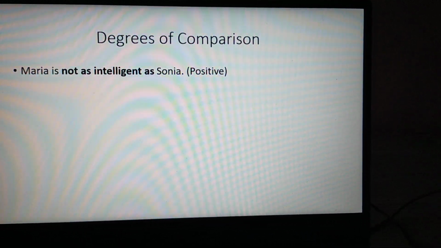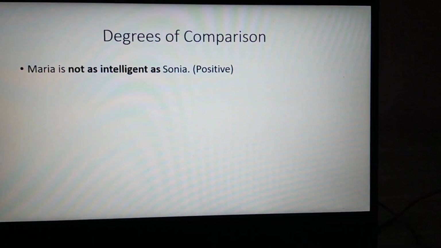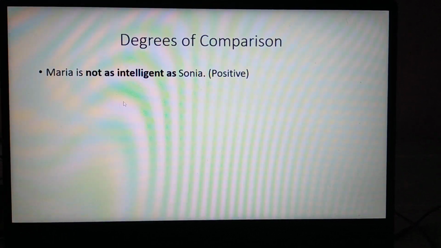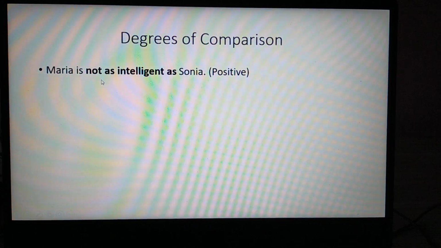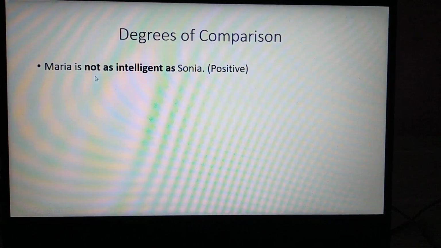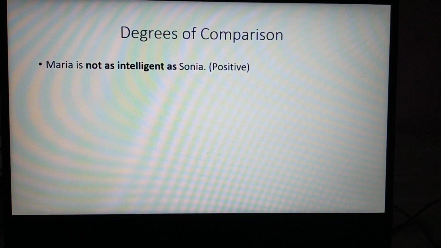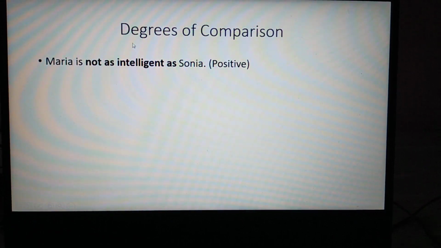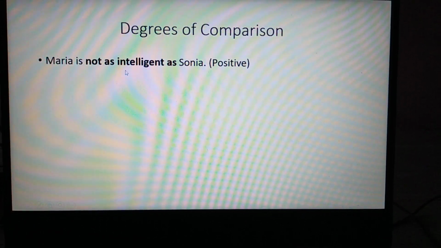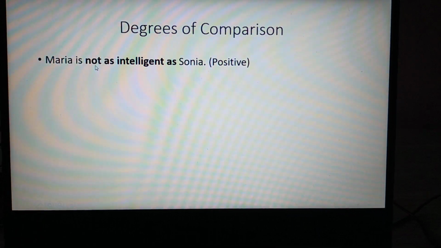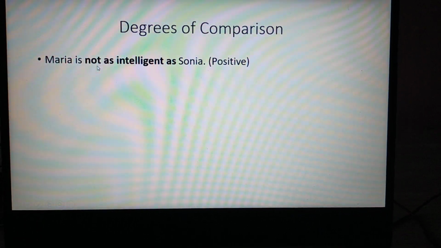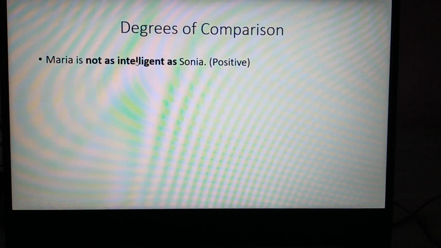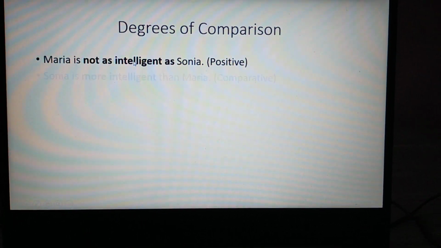Now, "Maria is not as intelligent as Sonia." Now see, this is positive degree and it is in the negative form. So first of all we have to interchange the subject and the object, that is swap the two. Second rule, we will remove the "not", and third we have to change the degree, so "intelligent" will become "more intelligent".